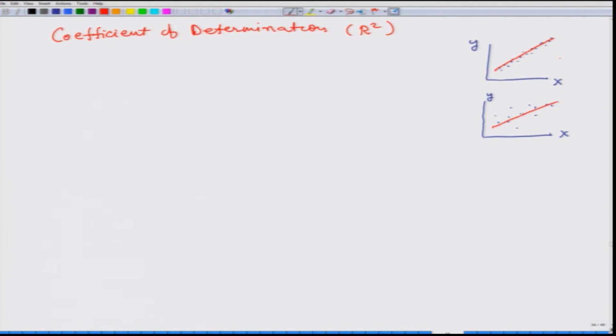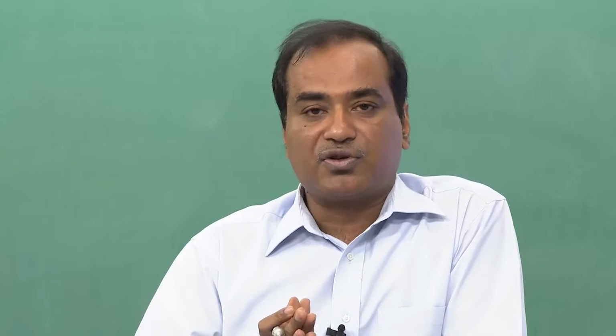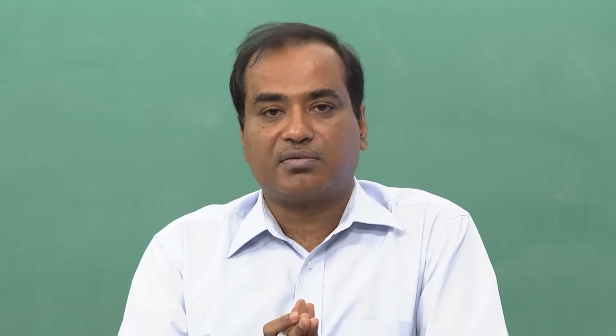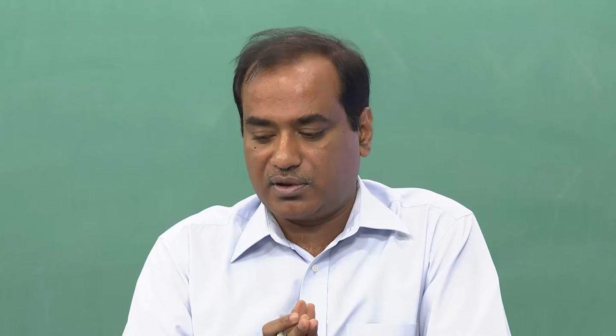Obviously, in this figure I can see that the points are lying more closely to the fitted line in comparison to this figure. Here the points are quite far away compared to the points in figure number 1. So, this gives us an idea that if the points are lying close to the line, that means our model is better fitted.